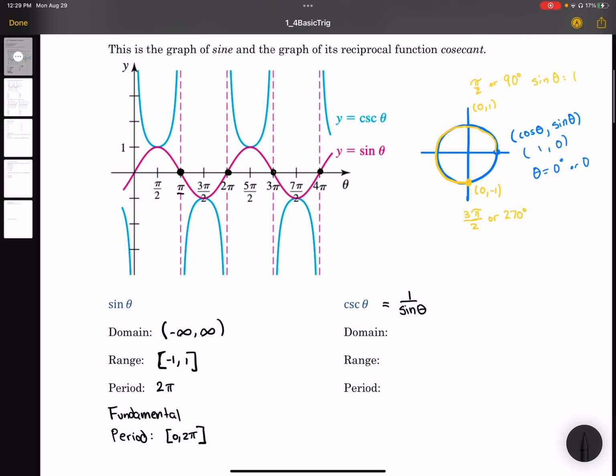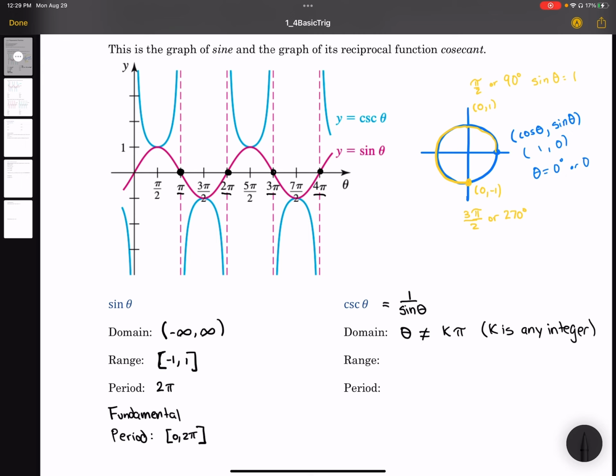So we see at pi, 2 pi, 3 pi, 4 pi, we have asymptotes. So that's going to tell us that our domain is theta cannot equal any multiple of pi, k pi, where k is any integer.